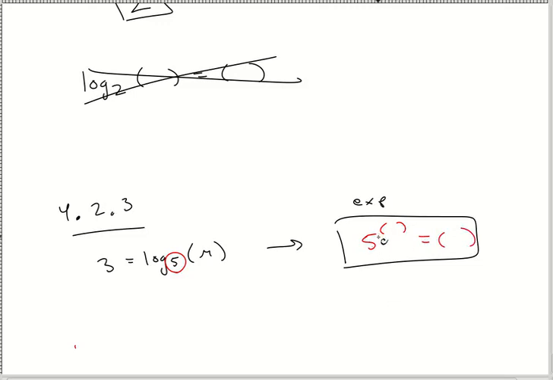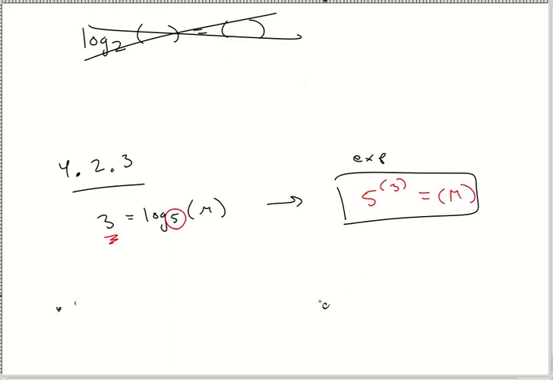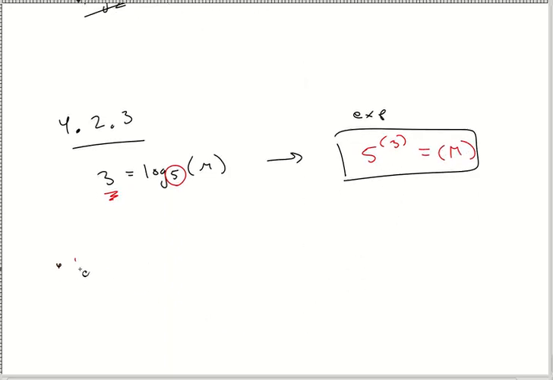I want to know who's next to the 5 base and who's far away. 5 and m were good friends, but no longer. M is now far away. 3 was all by himself, now he's got a friend with the 5. That's literally your answer. You just type that in, you're done. You don't need parentheses.